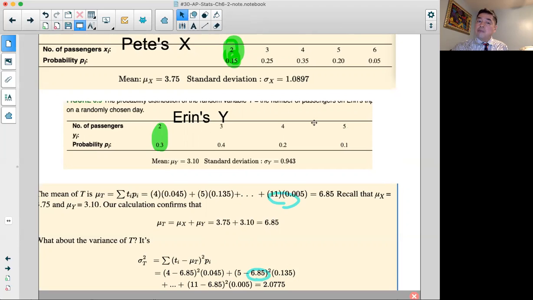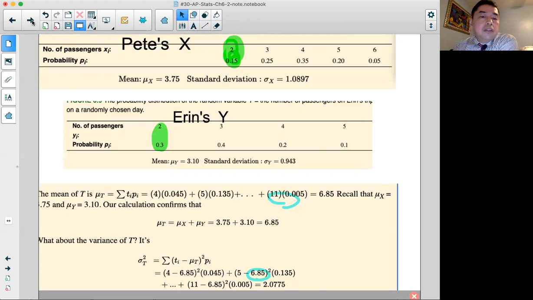How about the max value? 6 minus 2 is 4. So that might be my biggest value, right? So negative 3 to positive 4 is going to be the interval. So just remember that.